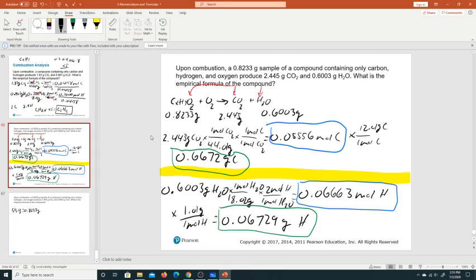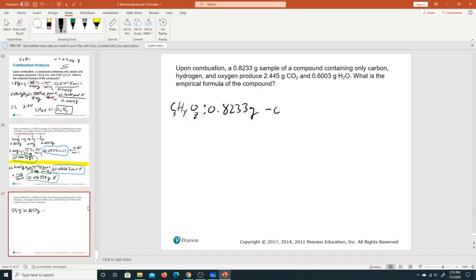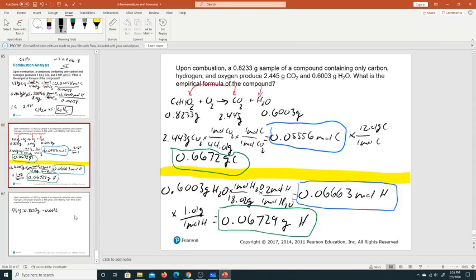We know that some of this came from carbon, some came from hydrogen, and the remainder came from oxygen. So let's subtract off what we know. We're going to subtract off 0.6672 grams of carbon.